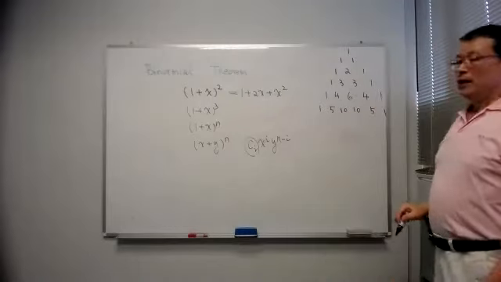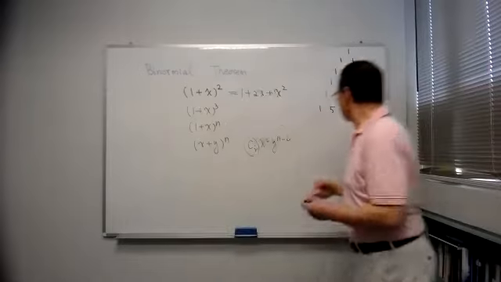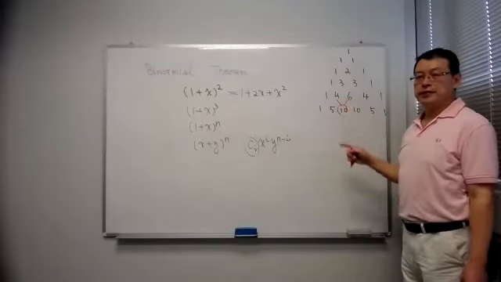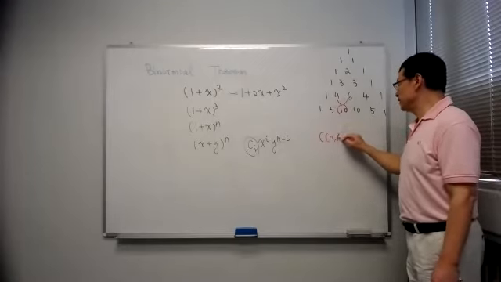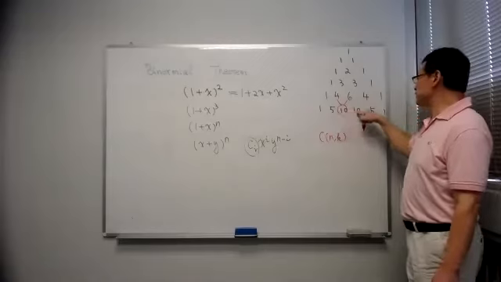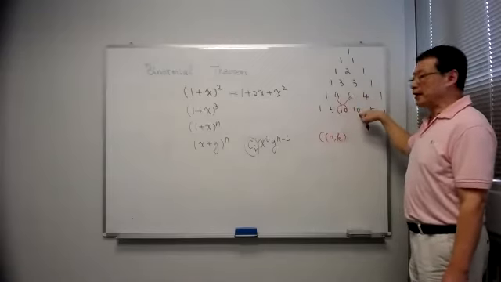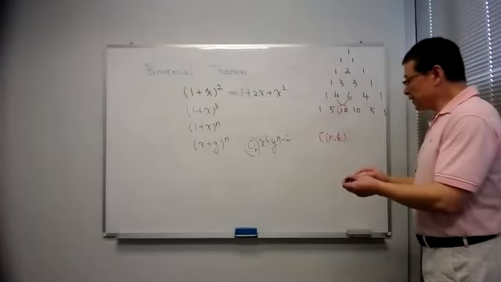This triangle represents the previous recurrence relation. This number is the summation of these two. This is the recurrence relation for C(n,k): each number is the summation of the two above it. It comes from the recurrence relation of this one. So this is the triangle.